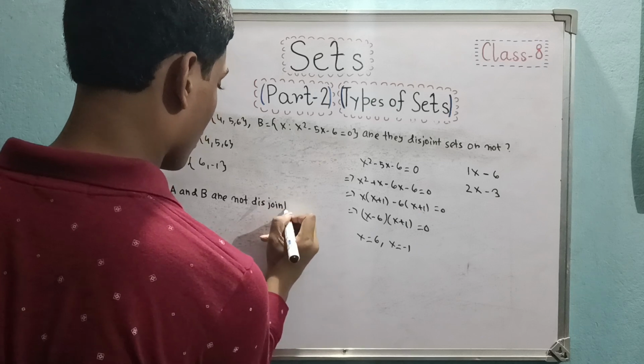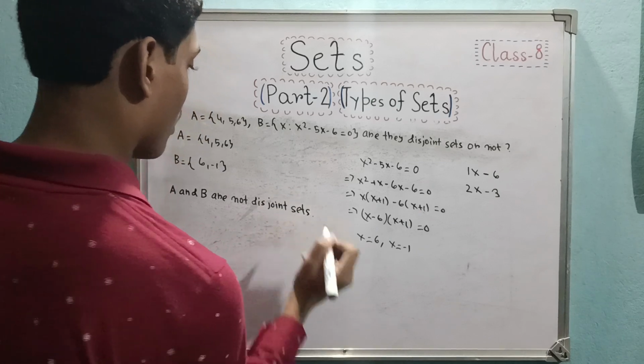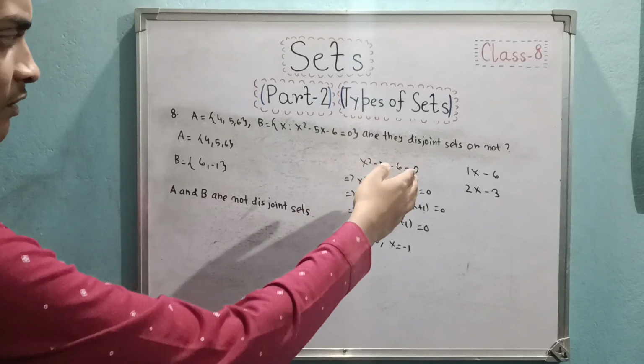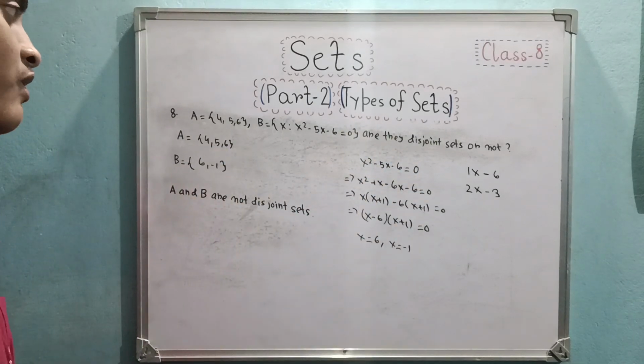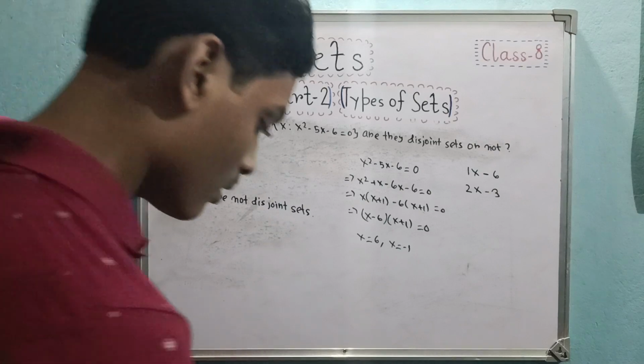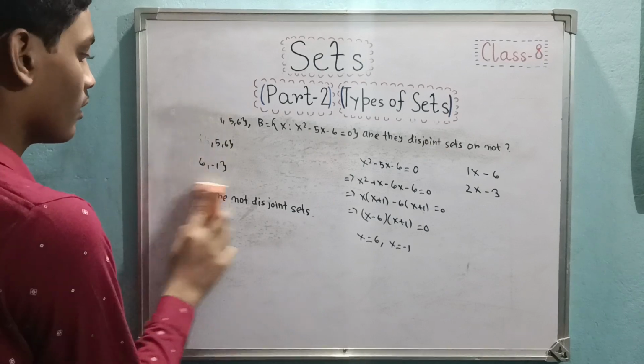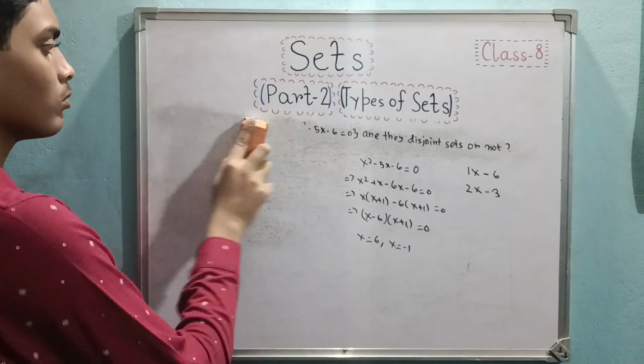Understood? We have to see if an element is common or not. If yes, joint sets. If no, disjoint sets. That's the main topic about these joint and disjoint sets. Let's see what we have now.